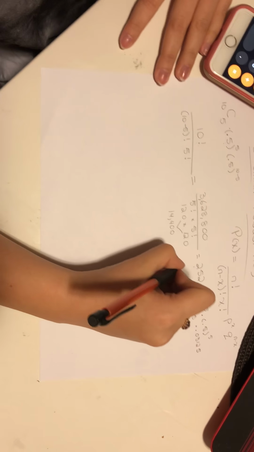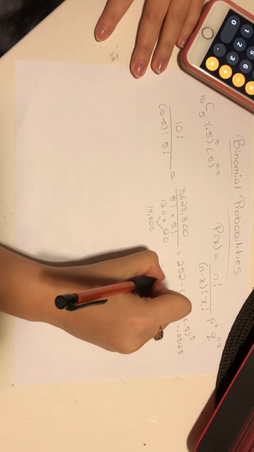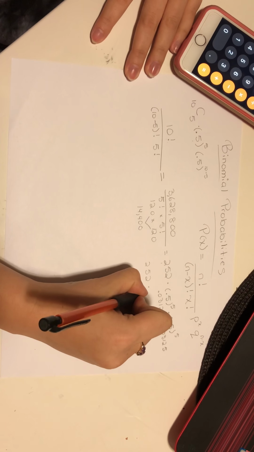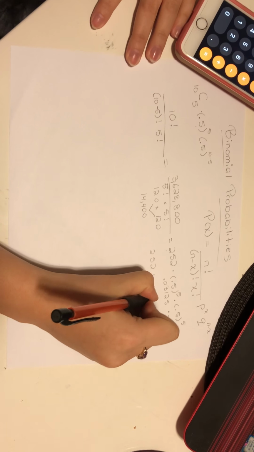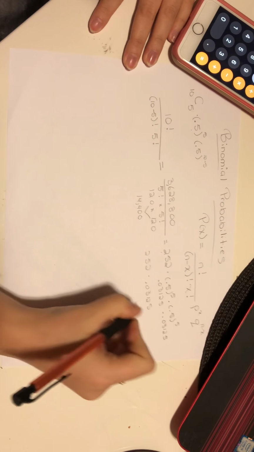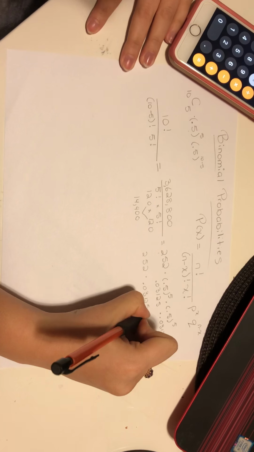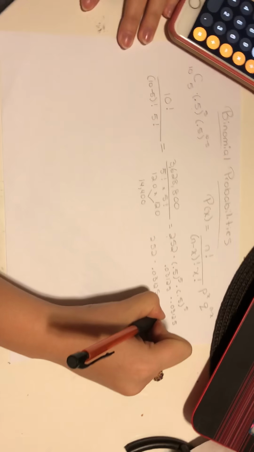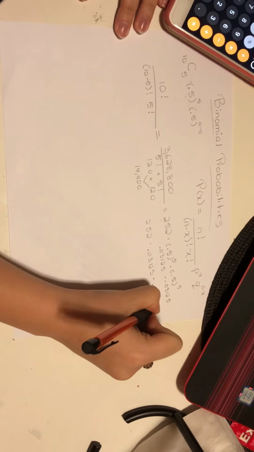So now we are going to multiply this times this number that we got for the probability of success, and here is our chance of failure. Pretty equal chances.